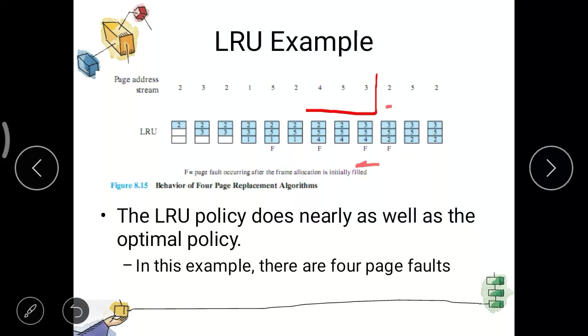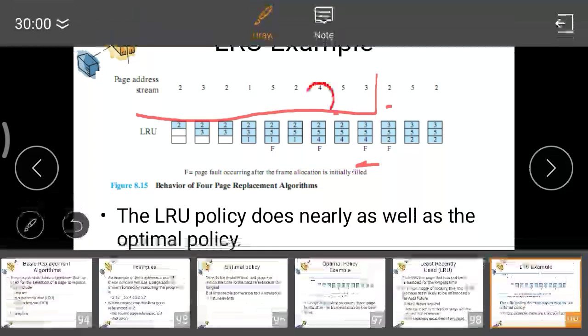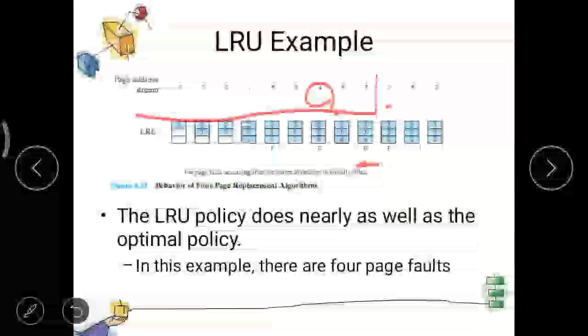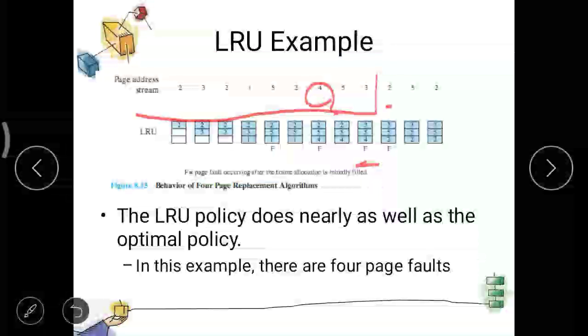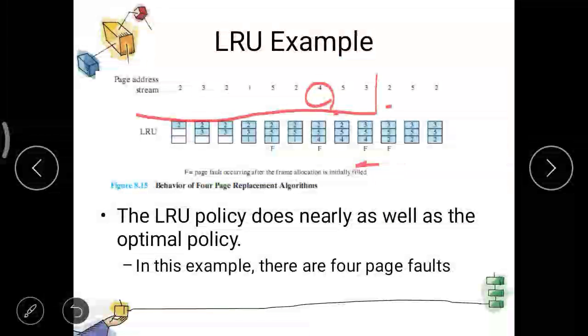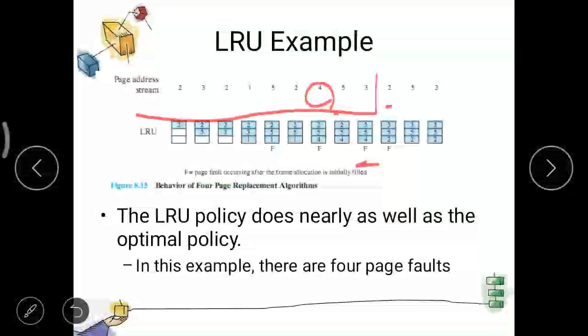Again you need to work out which page is least recent. 3 and 5 are used just before this, so number 4 is targeted. Number 4 is going to be removed, so we get a room for page number 2.